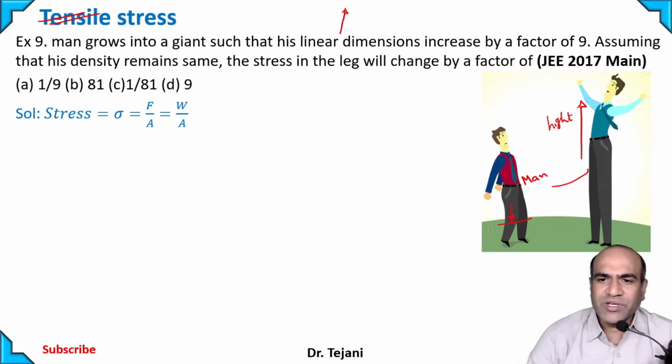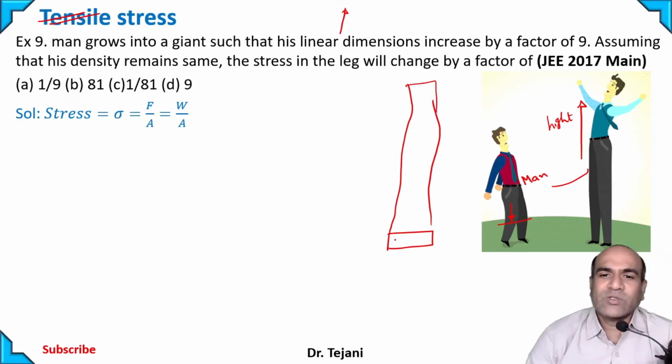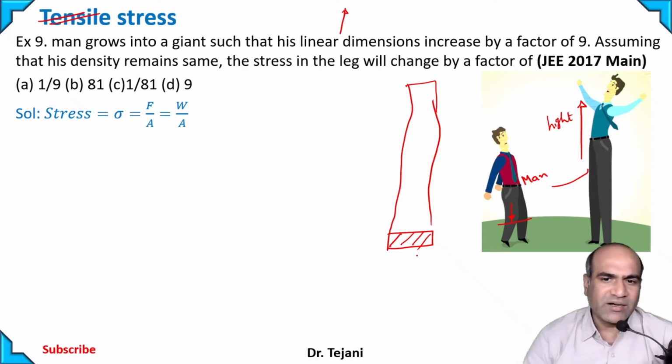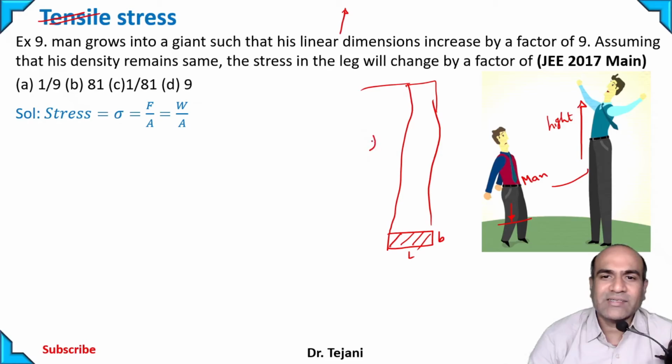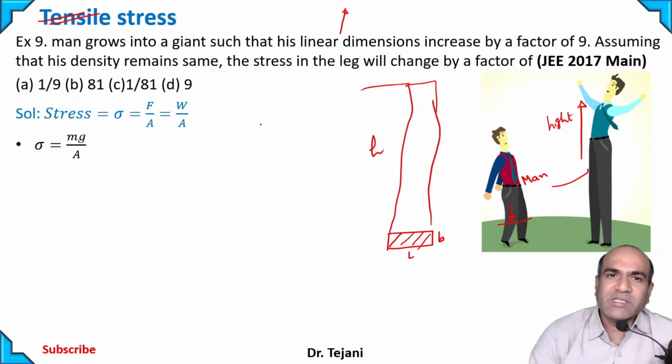So if we take the cross section area, if we just imagine this person having this kind of shape. So the bottom section, let us just assume a square section. The leg has a cross section having length L and width, say for example B, and the person has height H. So we know that sigma is equal to W, that means mass multiplied by gravitational acceleration.